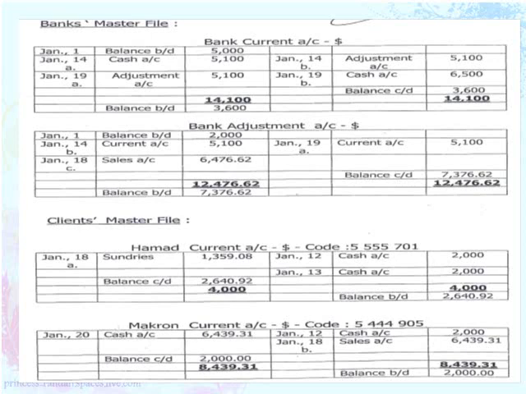Then we go also to the clients. We have Hamad and we have Holland, and every one of them, as you can see, deposited 2,000. The buyer has deposited 2,000, and deposited again 2,000, and finally there were purchases in his name in the amount of $1,359, and there is a credit balance remaining to him, which is $2,640.92.